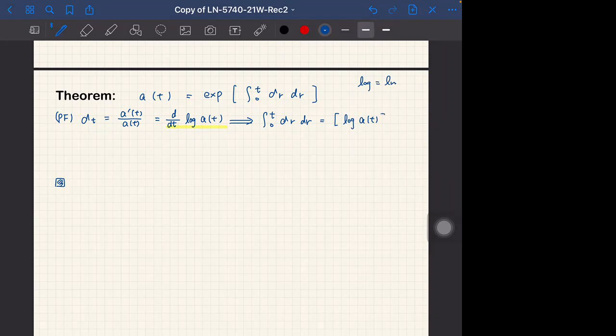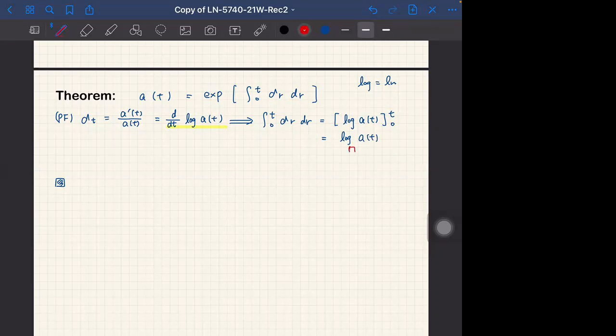So a of t, and then you plug in t and 0. Note that a of 0 is equal to 1, so log of 1 is 0. So this is the log of a of t.